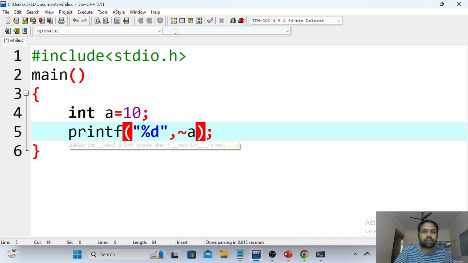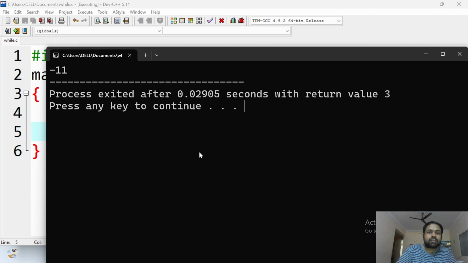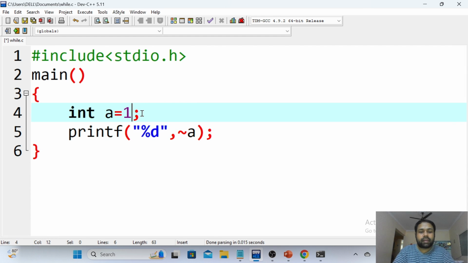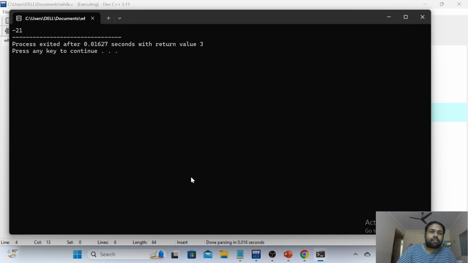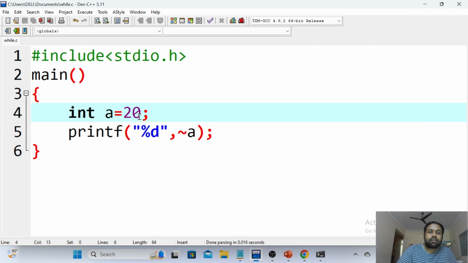Tilde A. Okay, you see what result I am getting? 10 I am giving. What output am I getting? -11. And let me give 20. -21. Okay. 25. It will become -26.